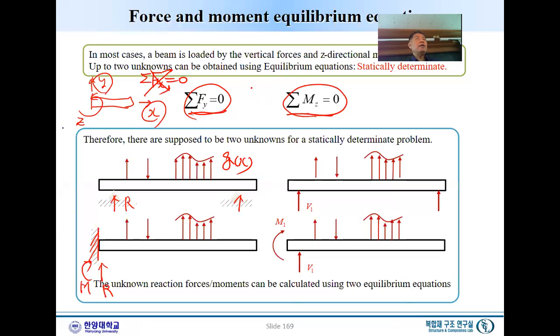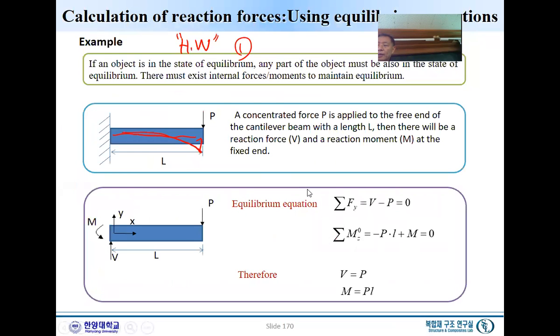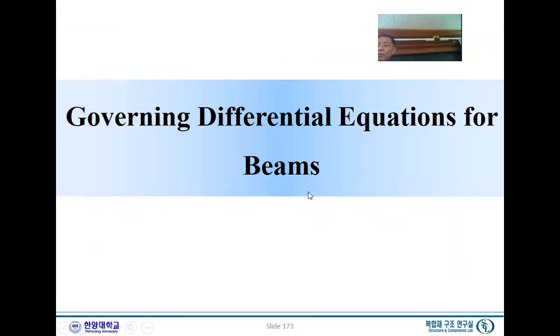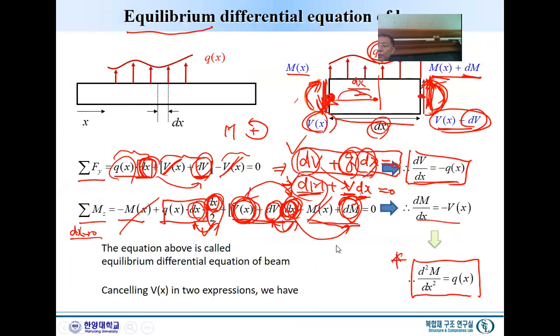So two equilibrium, and how many unknowns can we solve? Only two unknowns, which means that sometimes statically determinate, sometimes statically indeterminate. But anyhow, the main point is the two equilibrium.